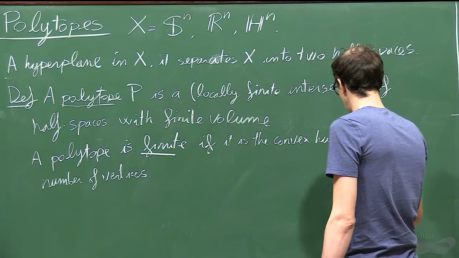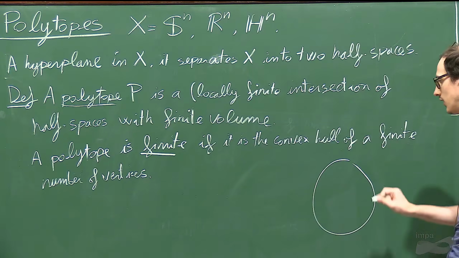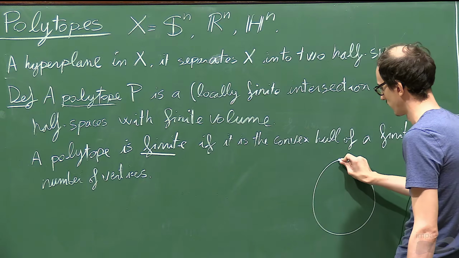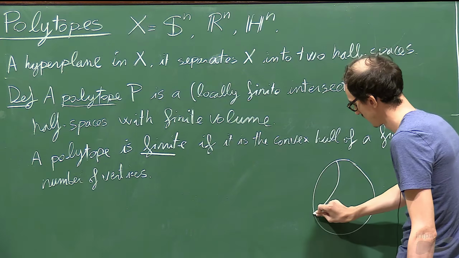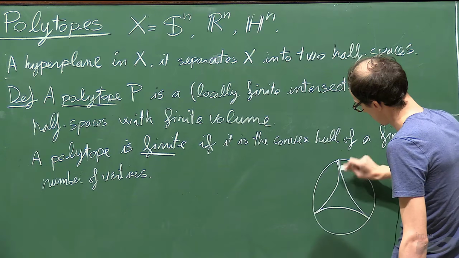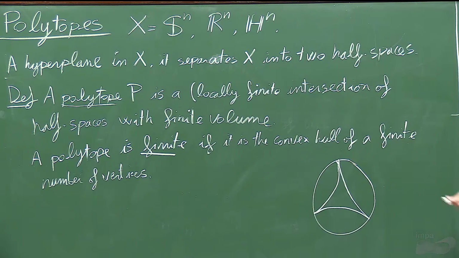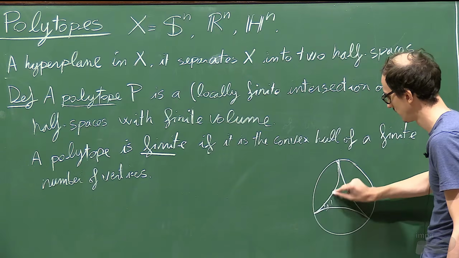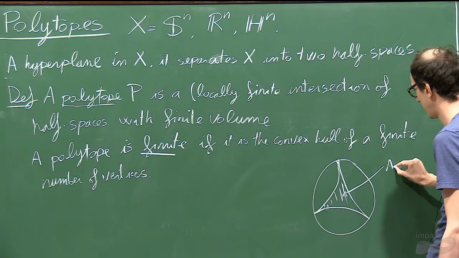For example, in H^2, one can take a triangle which is just the intersection of, like, these three half spaces. So this is a triangle, and this triangle actually has area pi.